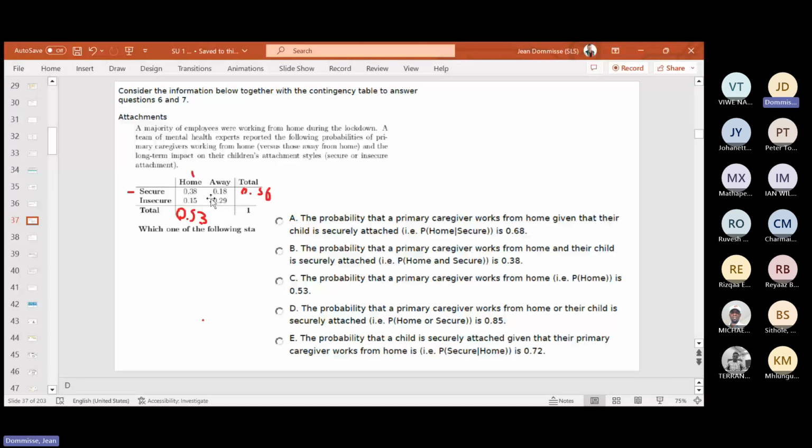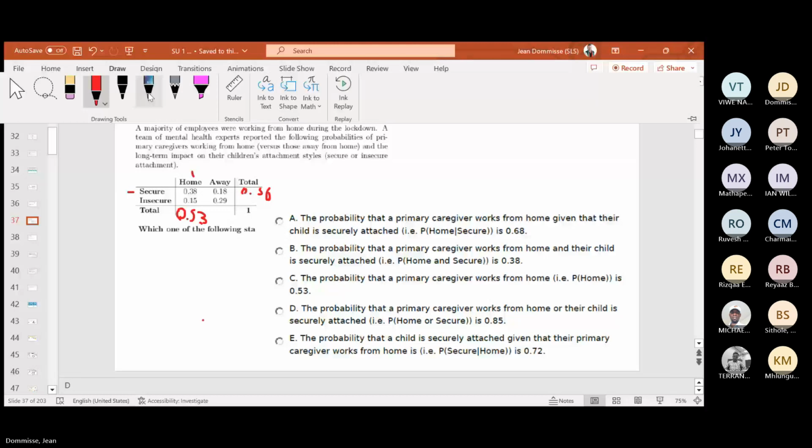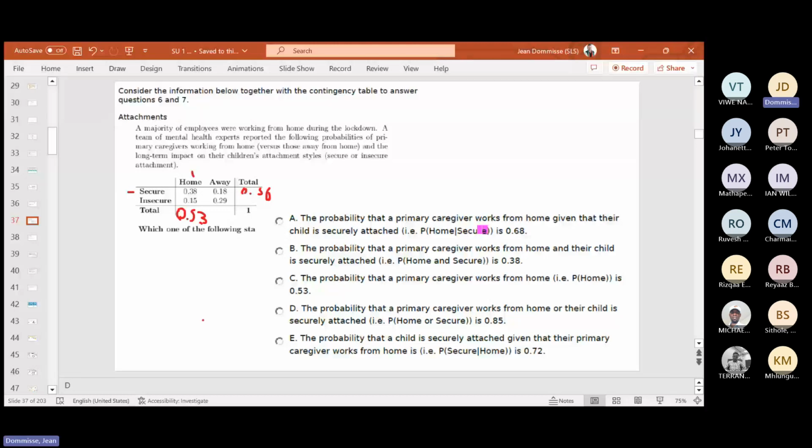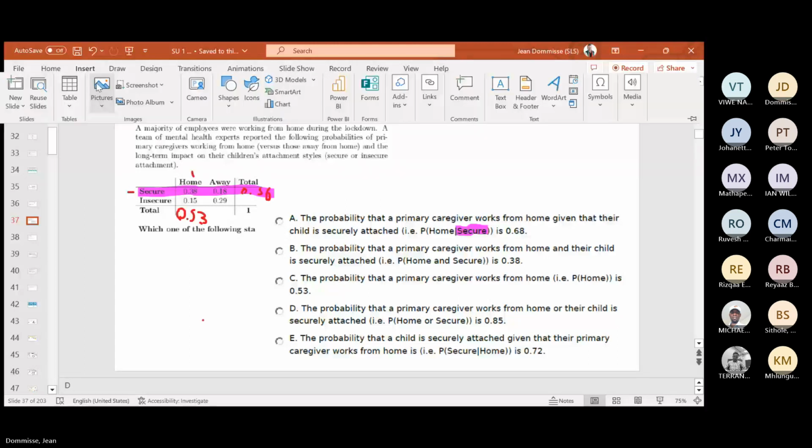Remember they tell us it's given, so we need to work within that straight. So it's 0.38 divided by 0.56.